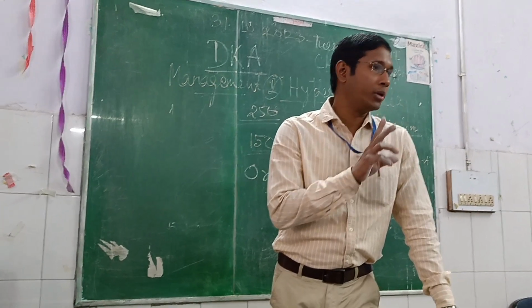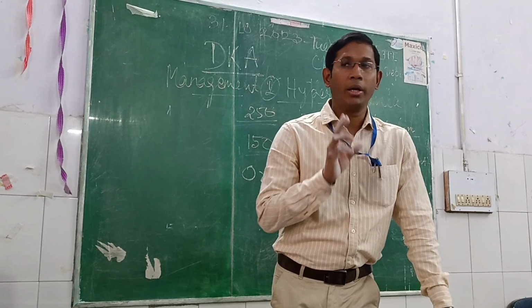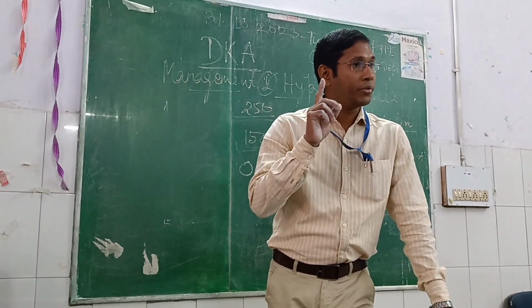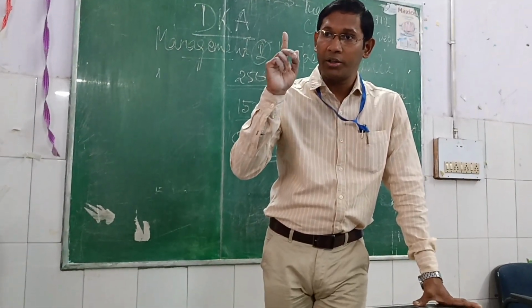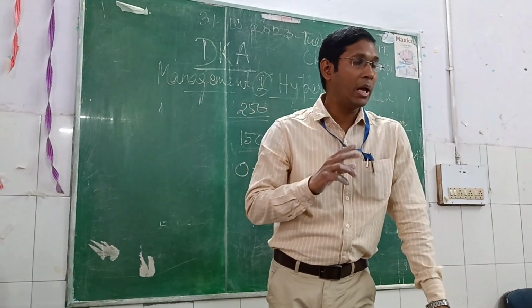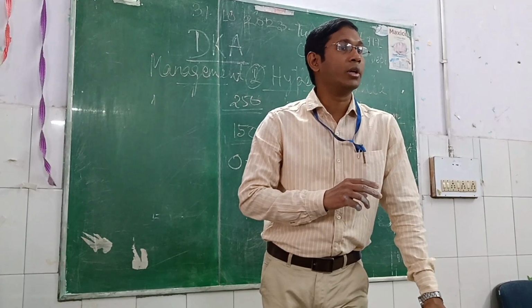For fluid deficit, I have already told you, there is nearly 7 to 8 liter of deficit in case of diabetic ketoacidosis, and this deficit becomes 10 to 12 liter in case of HHS, hyperosmolar hyperglycemic coma. That is more dangerous, in which blood sugar level becomes more than 600 milligram per deciliter.